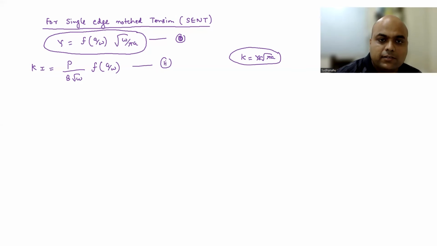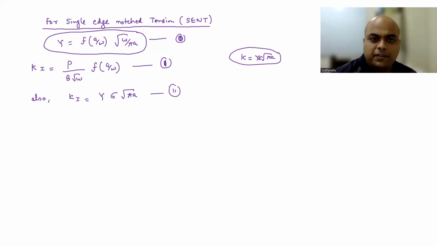So this is now equation 1. And we also know K is Y sigma root pi a, equation 2. Now we will combine equations 1 and 2 to prove the above expression.